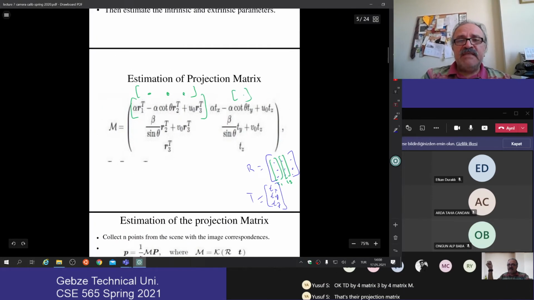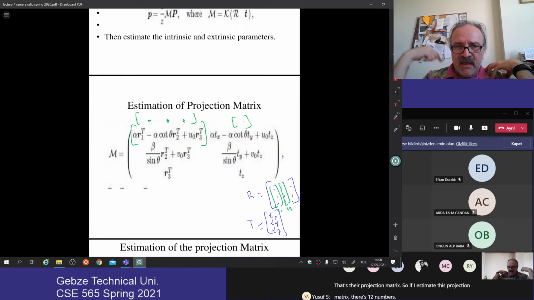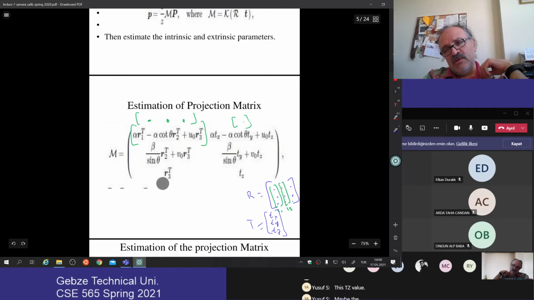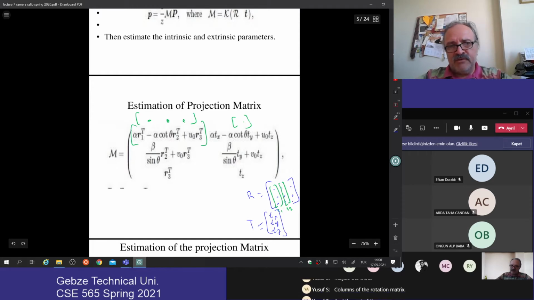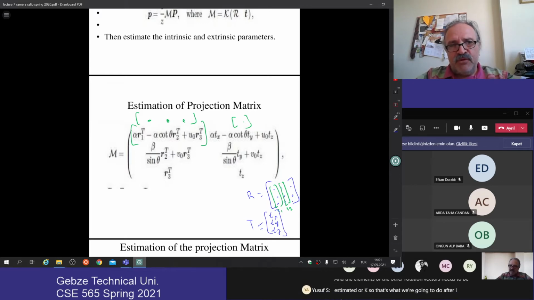So if I estimate this projection matrix, these 12 numbers, I can only recover this Tz value, maybe the third column of the rotation matrix, and the rest of them I need to figure out. Tx, Ty, theta, alpha, and the elements of the other rotation vectors need to be estimated. That's what we're going to do after I estimate M. Let's try to estimate M first.